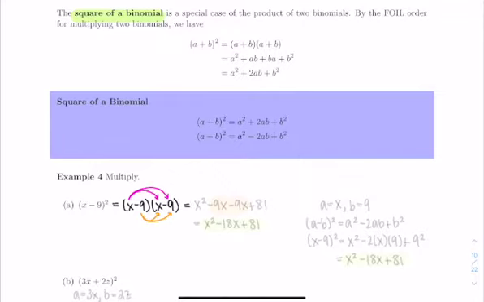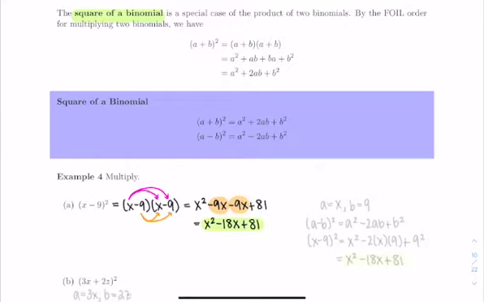And so we end up with x squared minus 9x minus 9x plus 81. We can combine like terms in the middle, and so we get x squared minus 18x plus 81. That's using the long method.